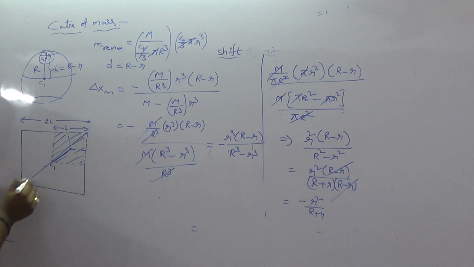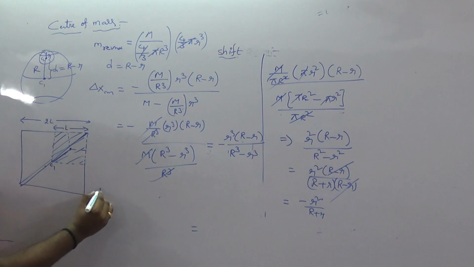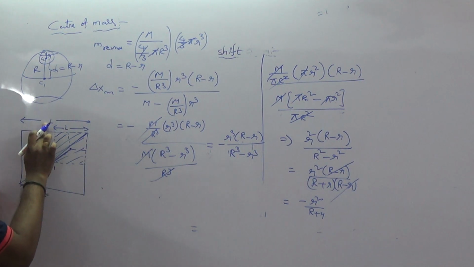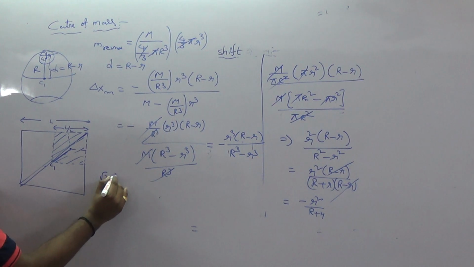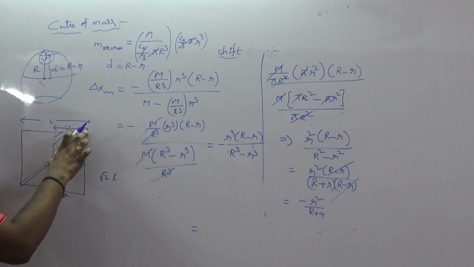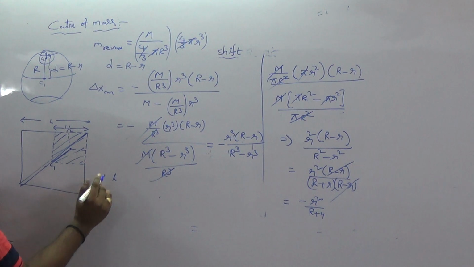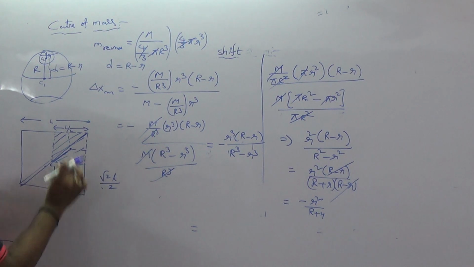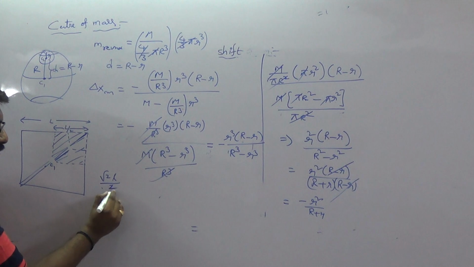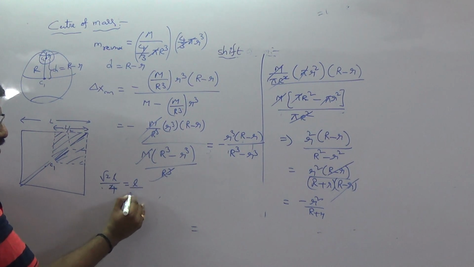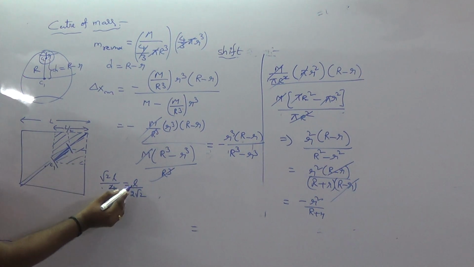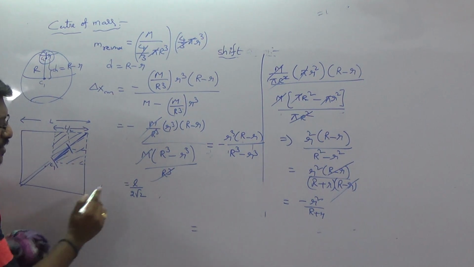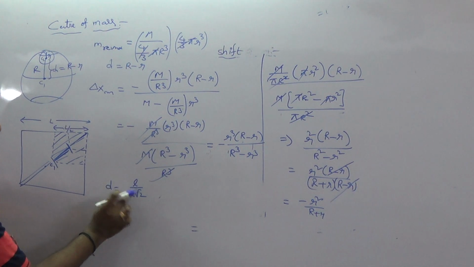The total length, this total length is L. This becomes here L by 2. Total length from here to here diagonal becomes root 2 L. This part becomes root 2 L by 2. This part becomes root 2 L by 4. That means you get here L by 2 root 2. From here to here the distance is L by 2 root 2. So in this situation D is equal to L by 2 root 2.